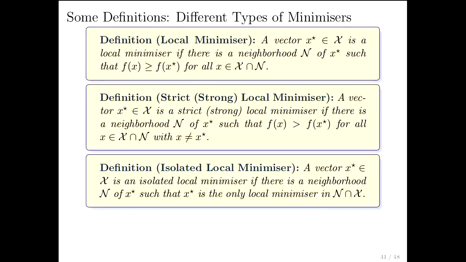Okay? So these are the three definitions. Let me ask a question. Is any strict local minimizer a local minimizer? Yes. It's not a trick question. Yes. Because if this holds, it will hold with equality as well.